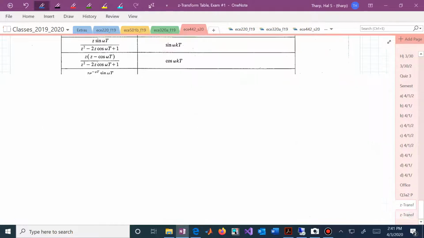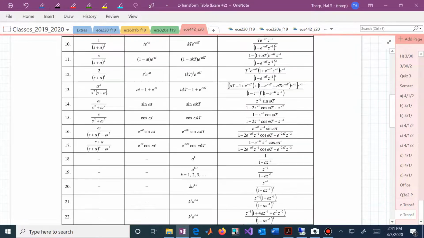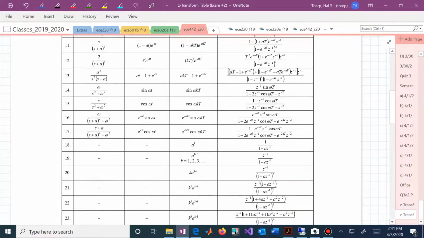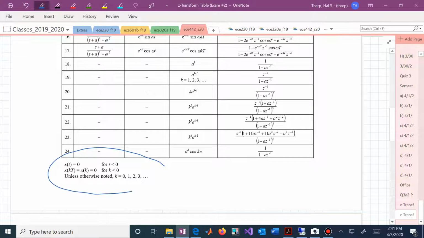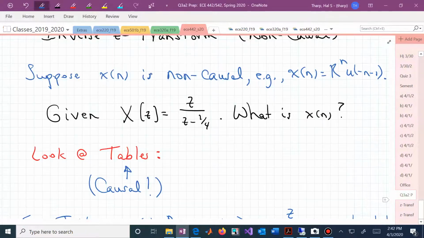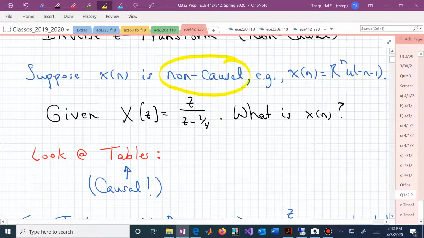Likewise, if we look at the exam number 2 table, we're assuming that our sequence is 0 for k less than 0, so we're really looking at causal sequences. That's what's in this column. And so when we start looking at inverse Z transforms for non-causal sequences, we basically need to do a sign reversal, and that's talked about in some of the earlier lectures.